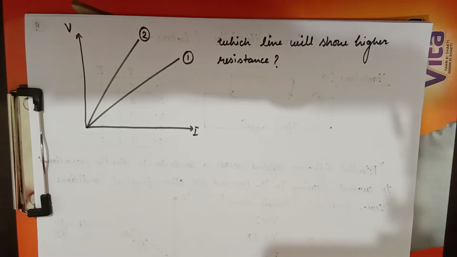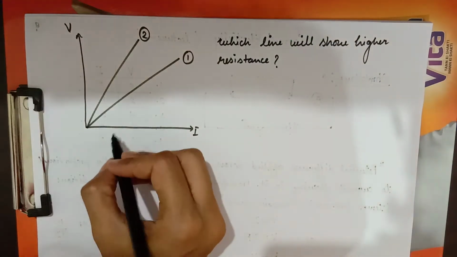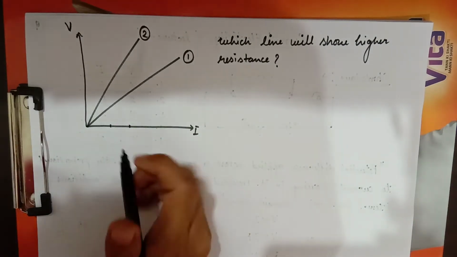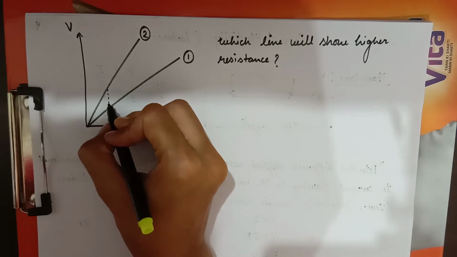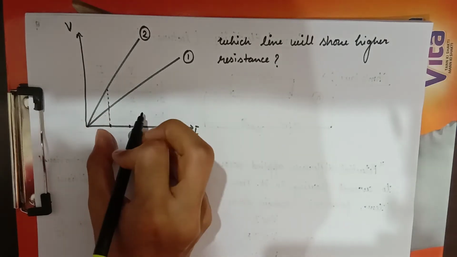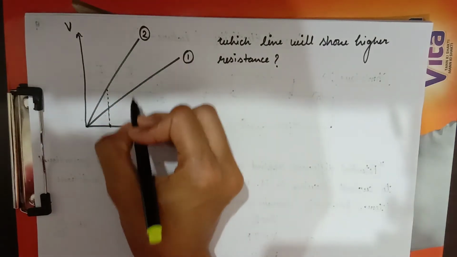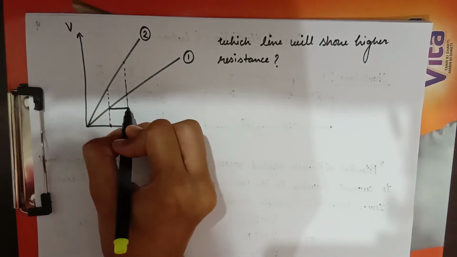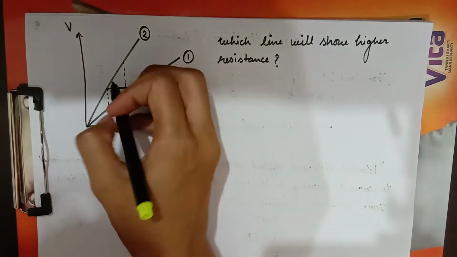So keeping dI common, we will plot dV like this. Suppose this is the area showing dI. This is the dI for graph number 1 and graph number 2. So the value of dI is same for these two.